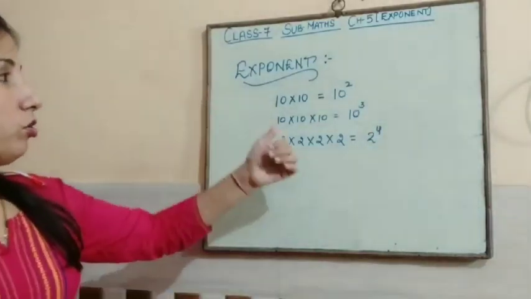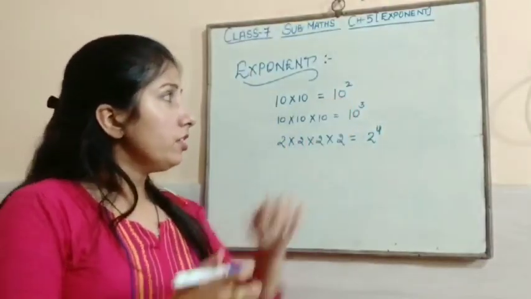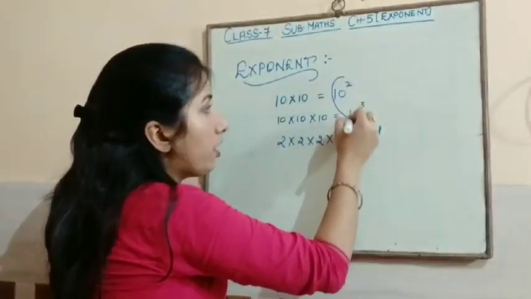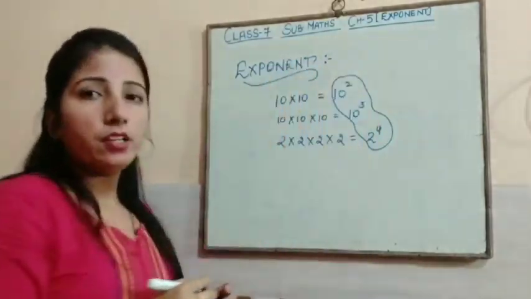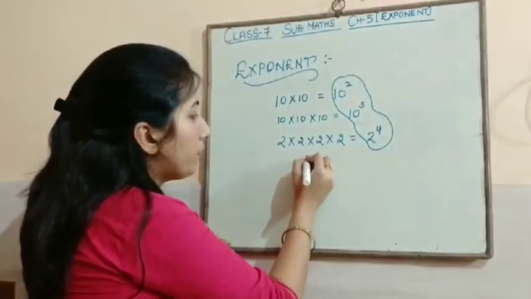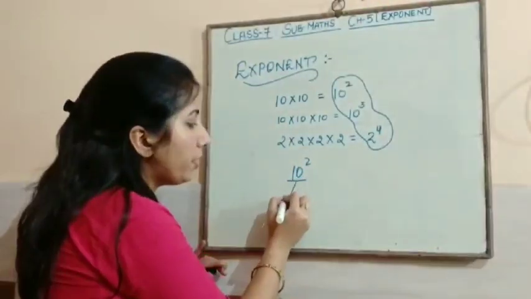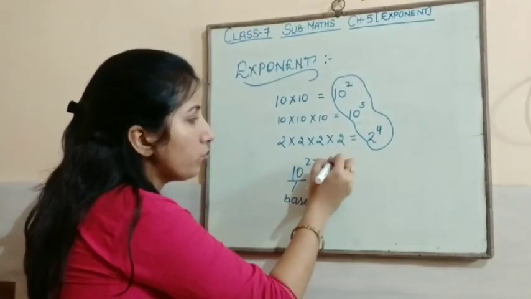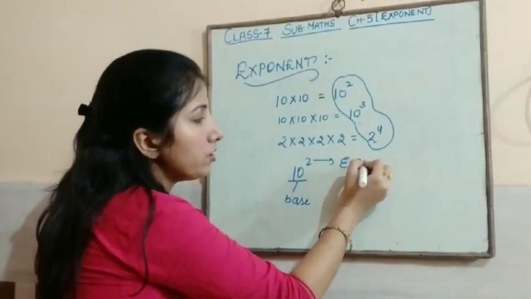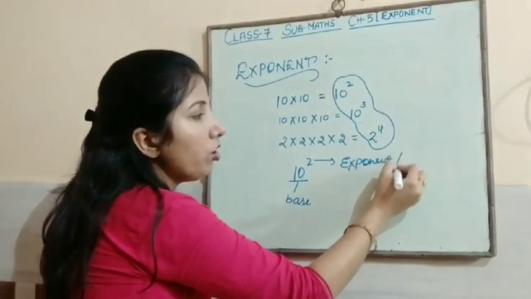Clear? So now, all these are exponential forms. 10 raised to the power 2. In this exponential form, 10 is the base and this 2 is the exponent or power.